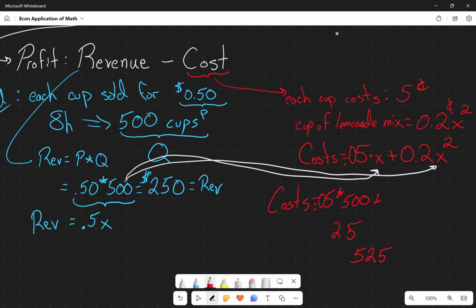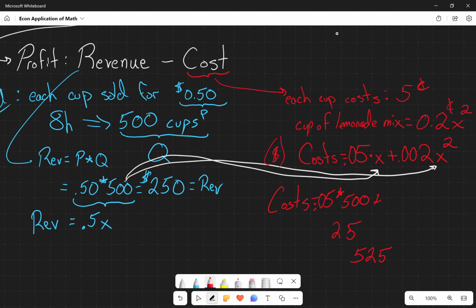But then when we're talking about costs in terms of dollars, what I have to do here is this is actually 0.002, which makes a heck of a lot more sense. I was like, why are we operating at a loss? Lemonade stands are pretty easy to operate.